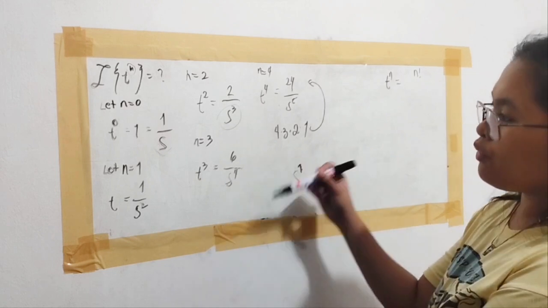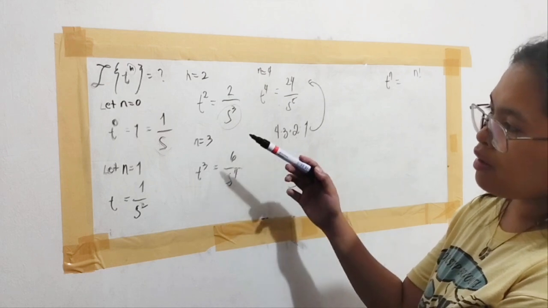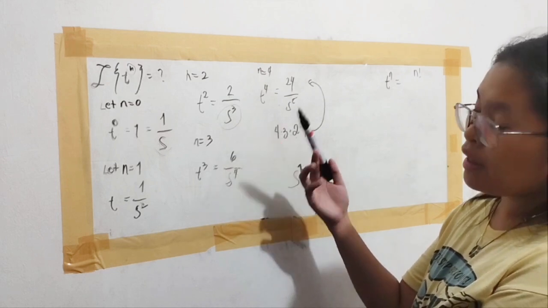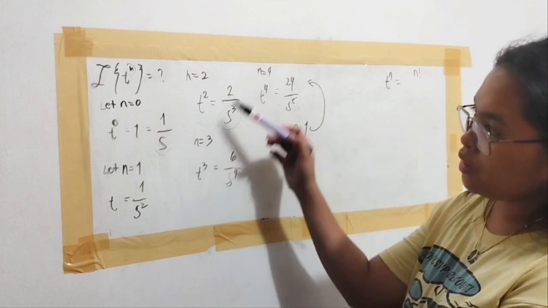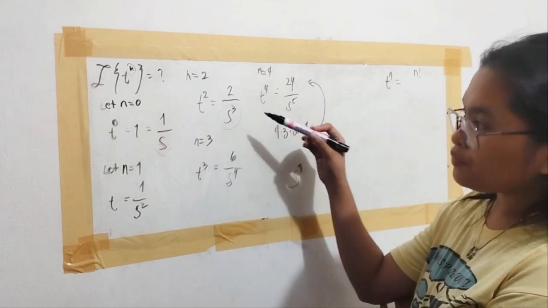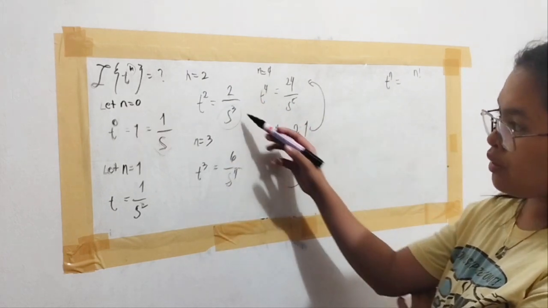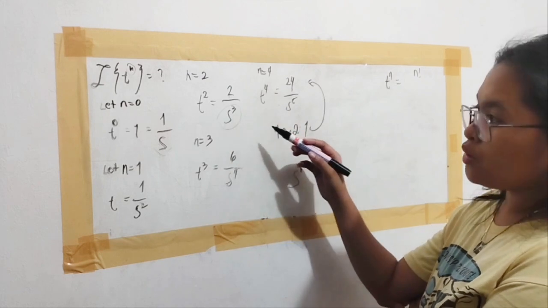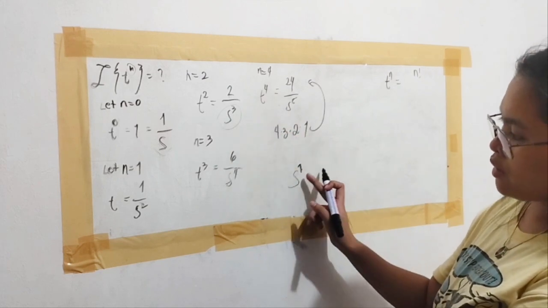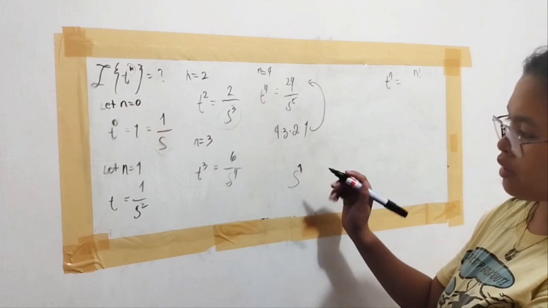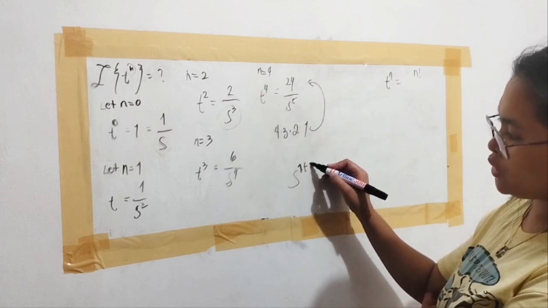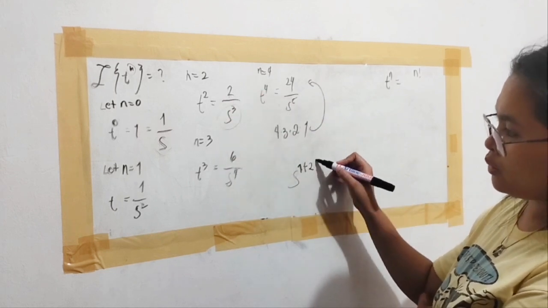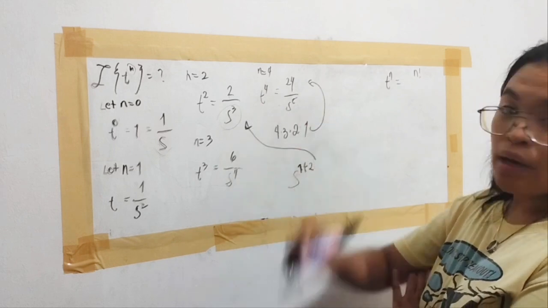So when n is, let's say, 2, it becomes s cubed, just because this has an invisible 1 here, and we just need to add the n here, which is 2, so it becomes s cubed.